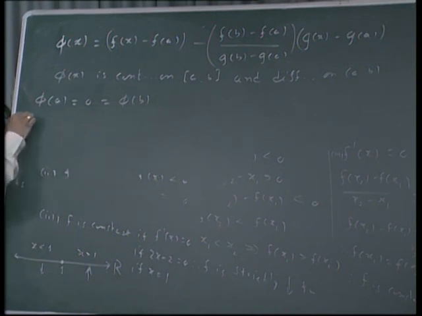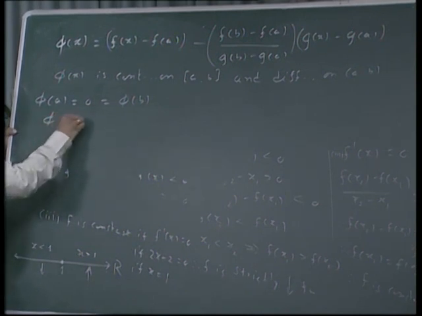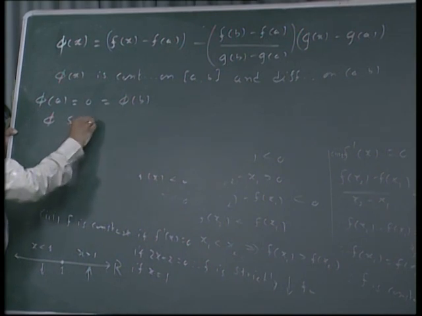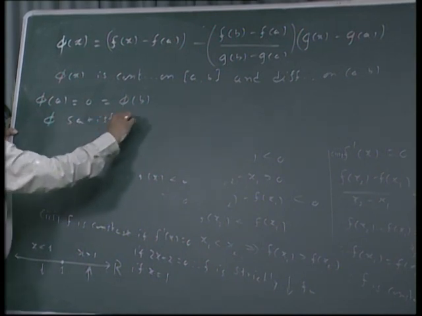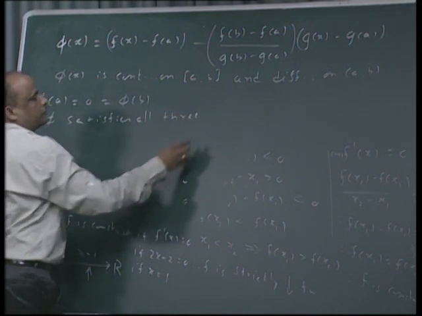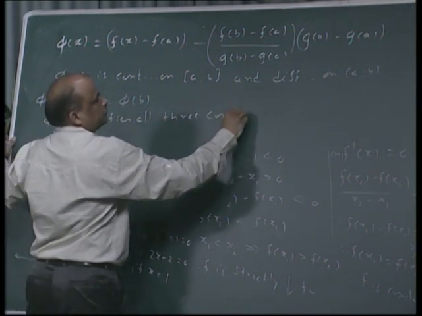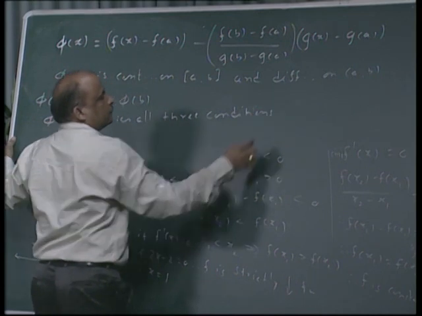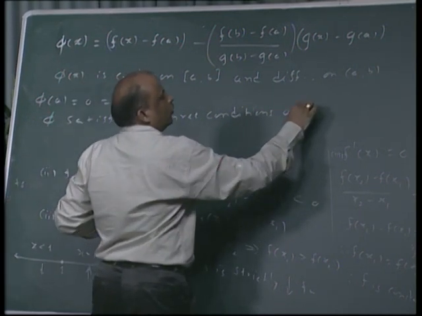It means that my phi satisfies all three conditions of Rolle's theorem.